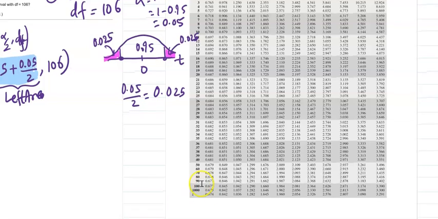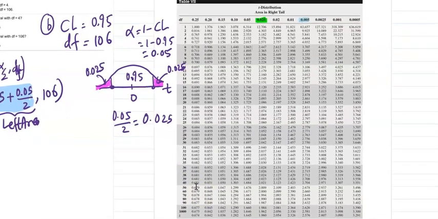Notice that 106 is not here, but you have to find the closest degrees of freedom to 106. So 100 is the closest. So use this 100. You go this way and see this number here. Let me circle that.